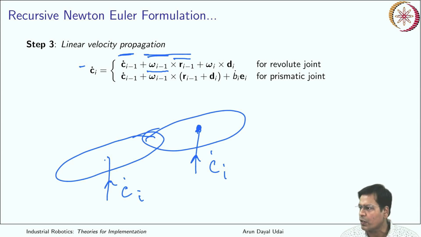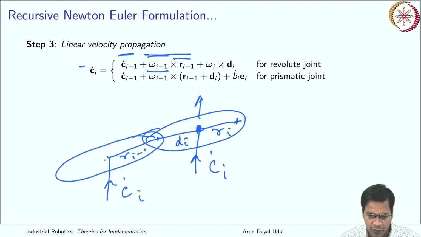Let me put down all the variables here. So this is your Ri minus 1, and you have another vector which is di. All these are in 3 dimensions, I am just drawing it in planar fashion. This is your Ri that will take you to the next joint.